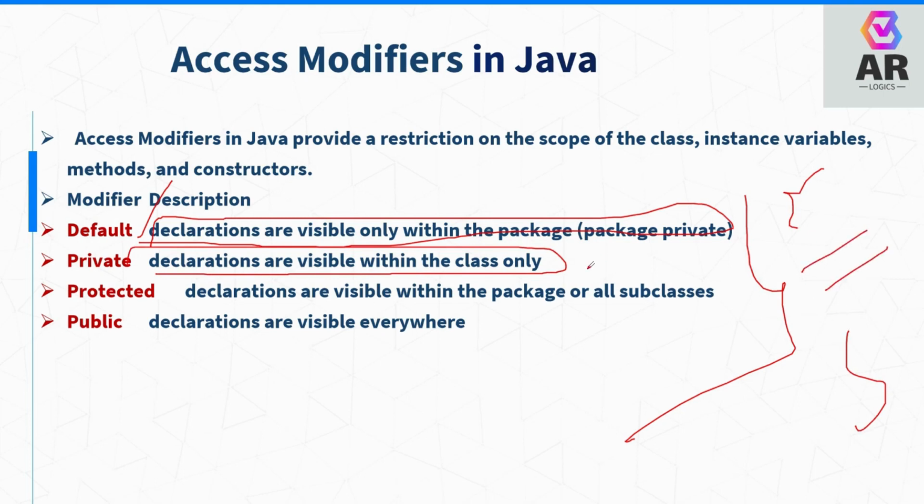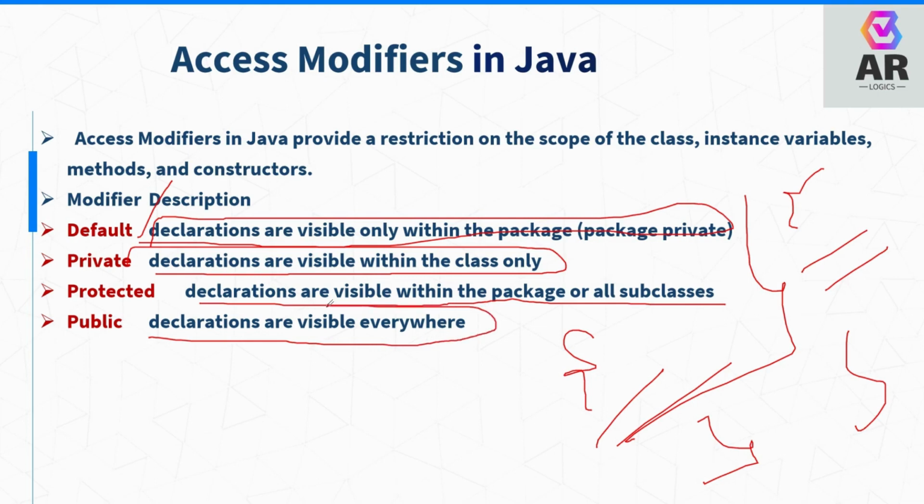Protected means declarations are visible within the package and for all subclasses. Public means declarations are visible everywhere.